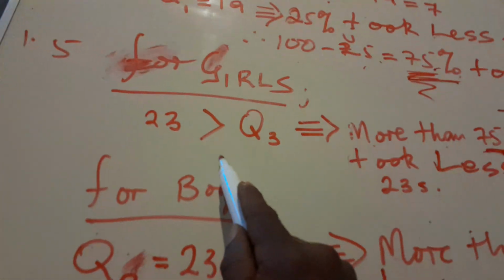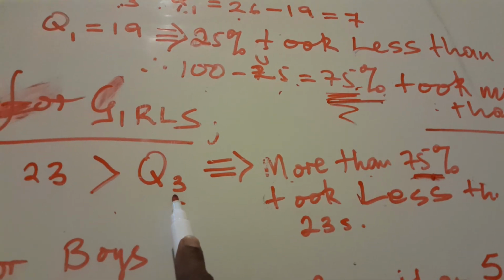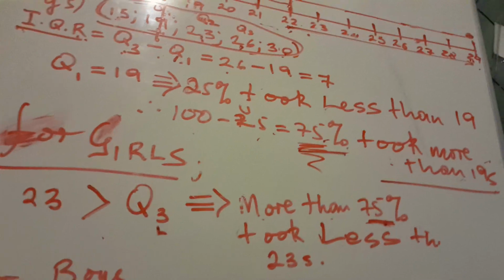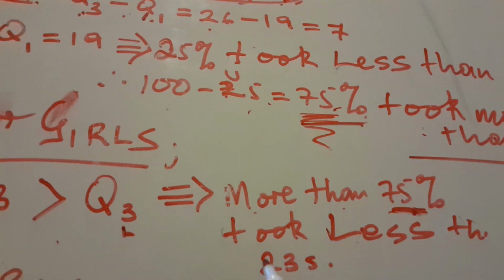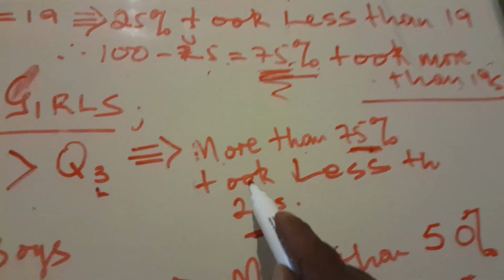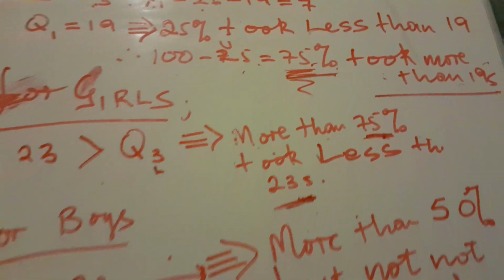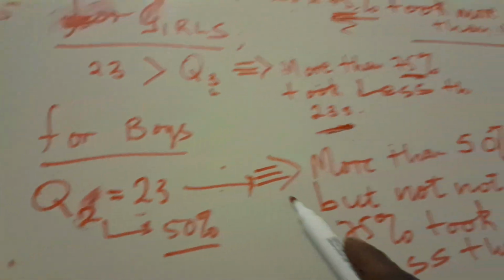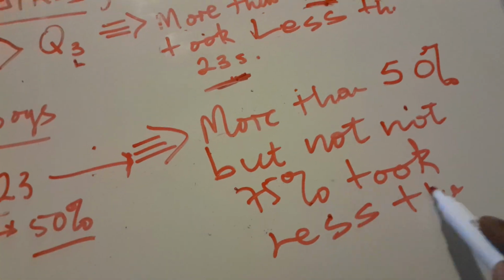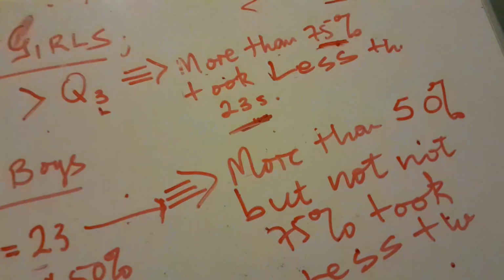Now we are coming here for the girls. We see that the data for the girls is such that more than 75% took less than 23 seconds. And as for the boys, only 50%, but not more than 75%, took less than 23 seconds.